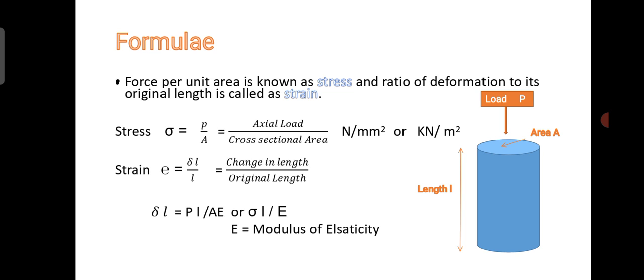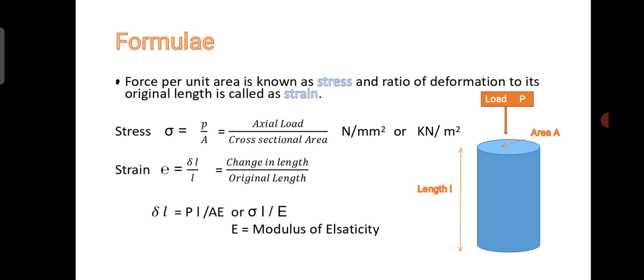Due to that stress there is a deformation of the material, and that deformation relative to its original length is known as the strain. So what is the formula of stress? Stress is equal to P by A. P is the axial load, A is the cross-section area, and its unit is Newton per mm square.